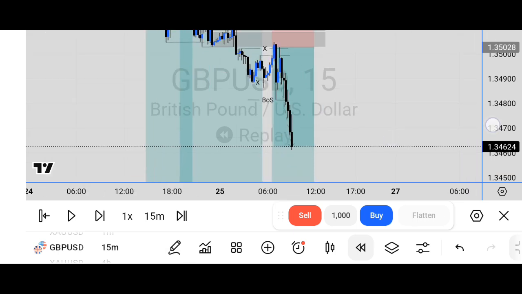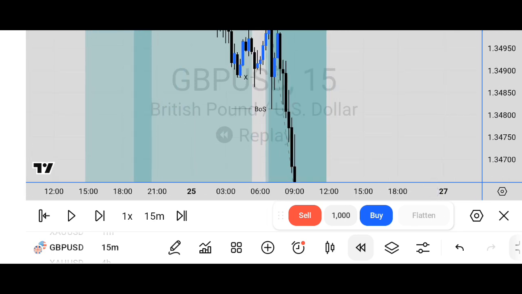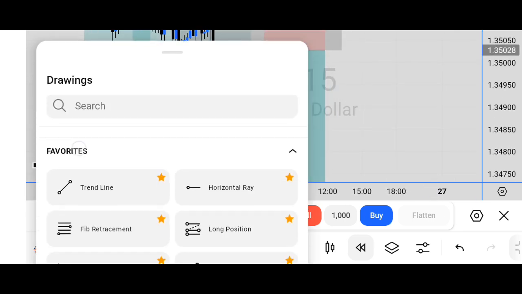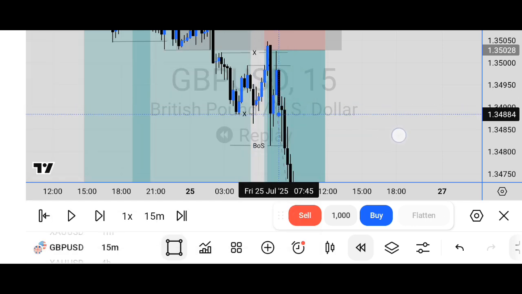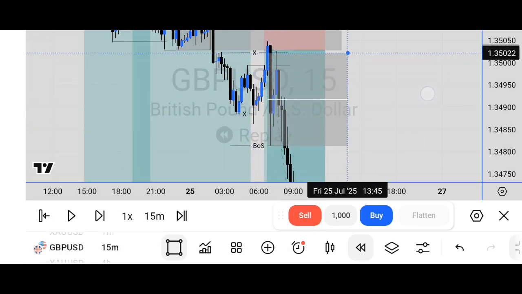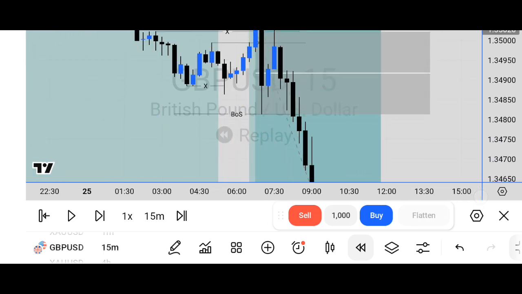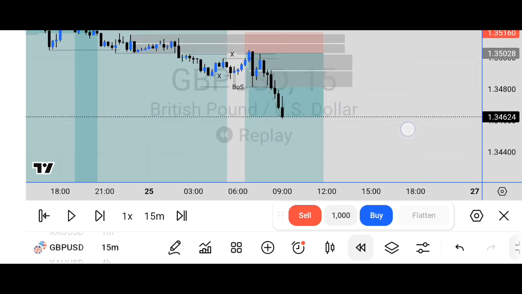Then after price took out our break of structure, normally we can sell right here. You can see that price tapped into the order flow and kept on dropping.